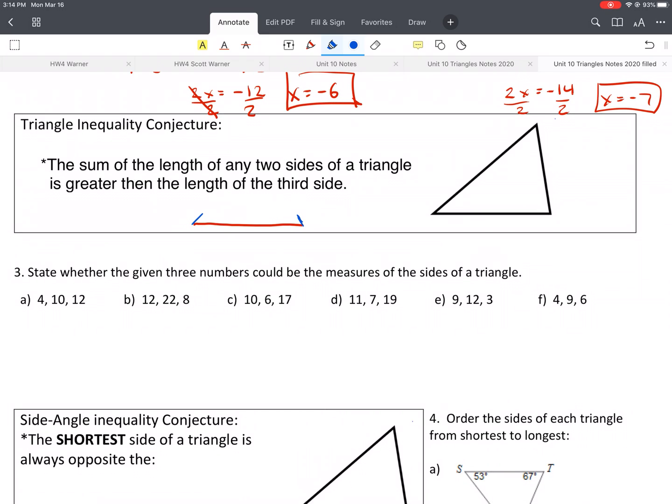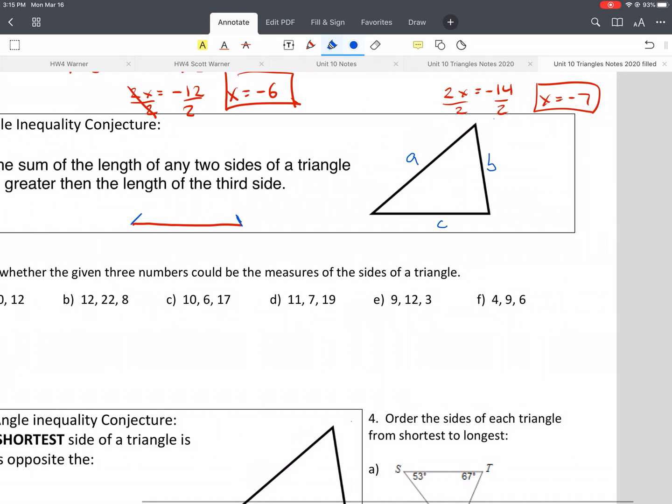Let's say this is side A, this is side B, and this would be side C. This conjecture tells us that A plus B has got to be greater than C, A plus C has to be greater than B, and B plus C has to be greater than A. All right, so that's the rule for that.